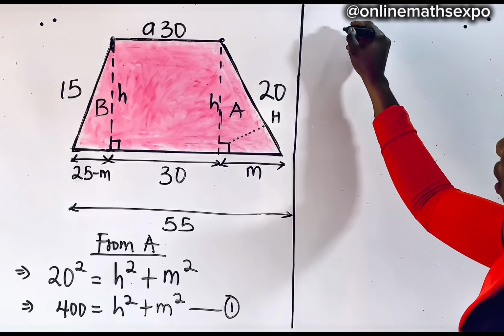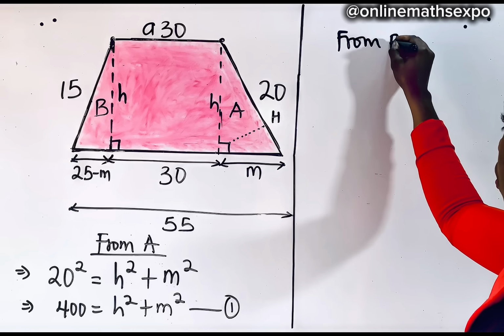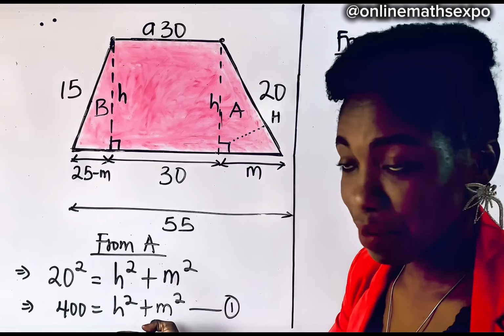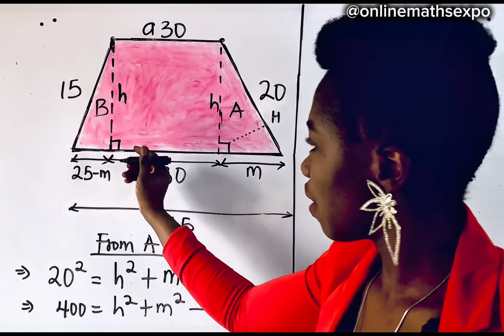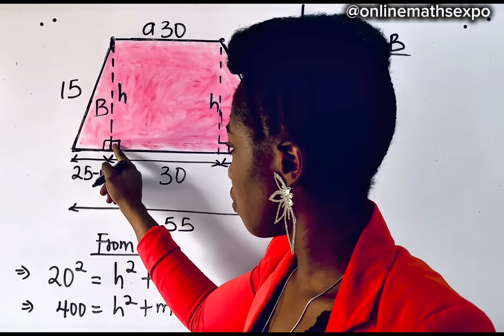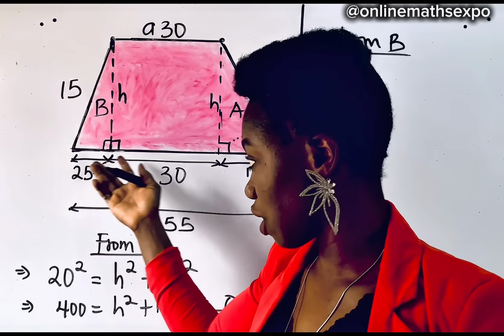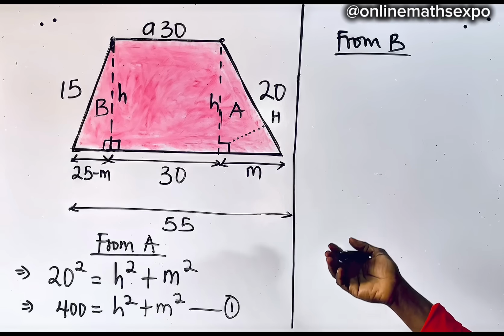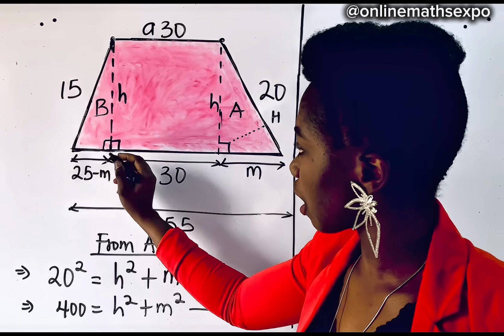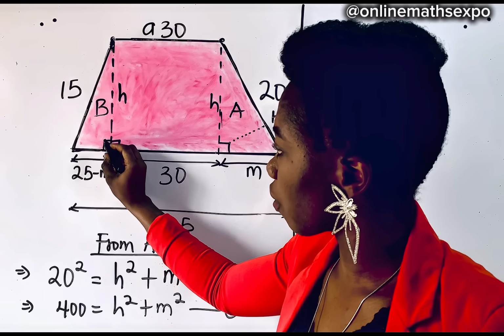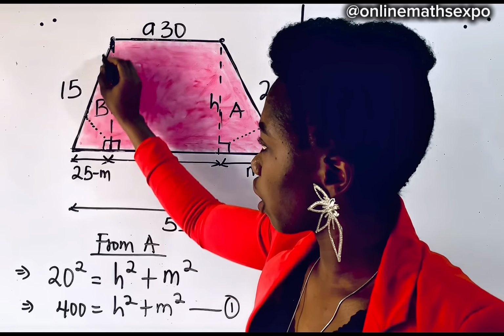From diagram B, we are going to repeat the same thing. You notice that this is also a right-angled triangle, because if here is 90, here is also 90, as angles on a straight line. Looking at this shape, remember that the side opposite to where your right angle is formed is the longest side.